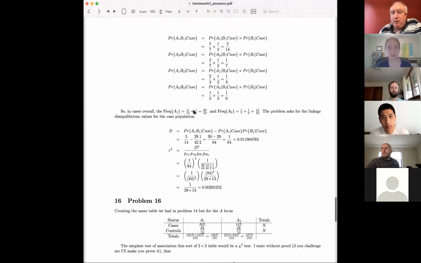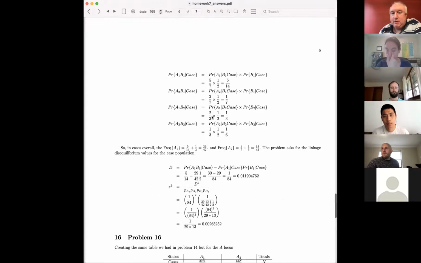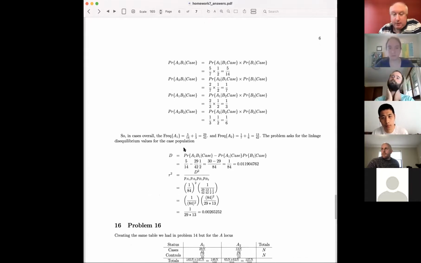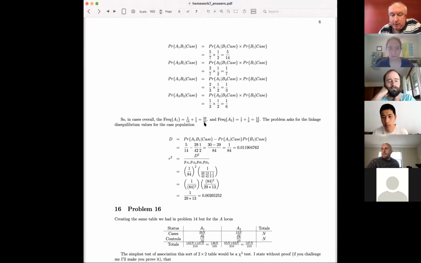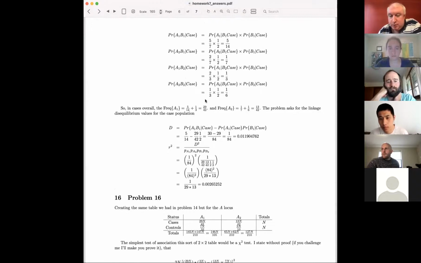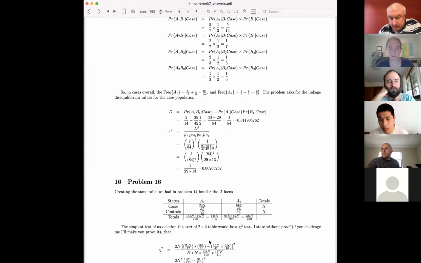In the previous problem, I worked out, among other things, the frequency of the A1 and A2 alleles in cases. We've assumed we know the frequency of the A1 and A2 alleles in controls. The problem says in controls, the frequency of the A1 allele is 7/10, 0.7, and the frequency of the A2 allele is 0.3, 3/10.